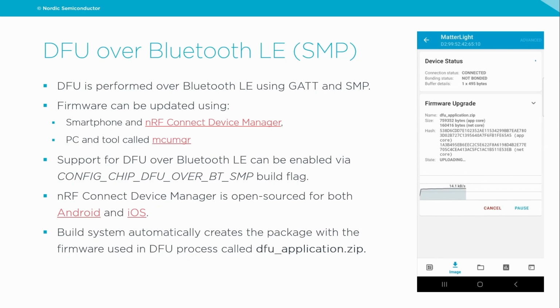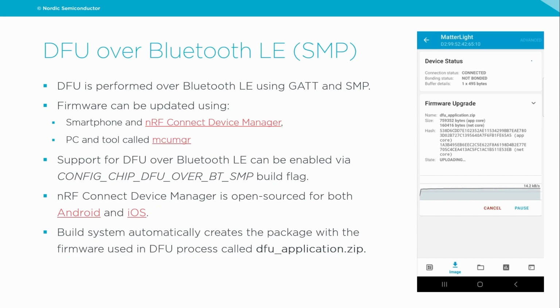Nordic Semiconductor also develops the nRF Connect Device Manager mobile application as an open source project on GitHub for both Android and iOS, making it easy to integrate the DFU functionality into your vendor-specific mobile application. Similarly to the previous method, our build system automatically generates a file that includes the signed firmware and SMP metadata.